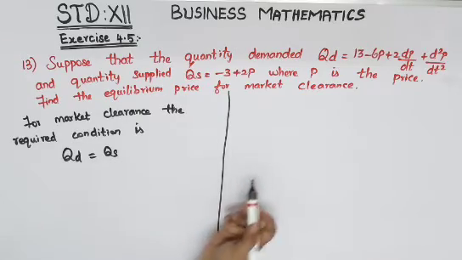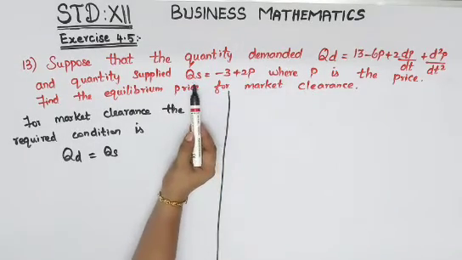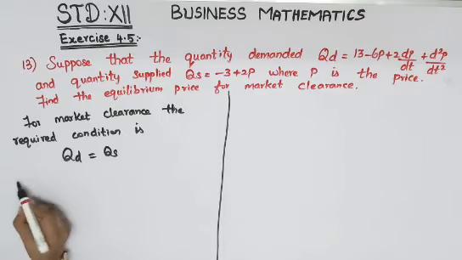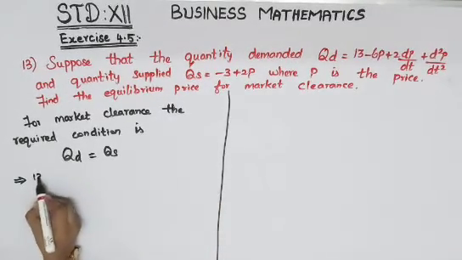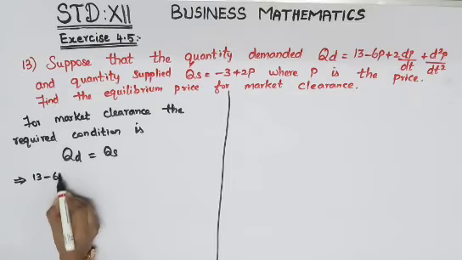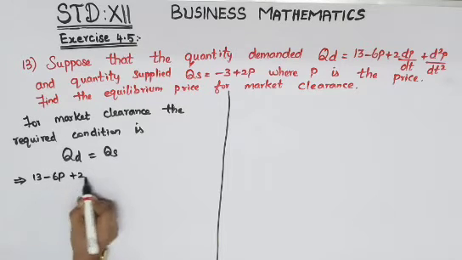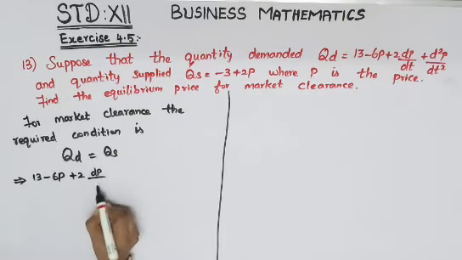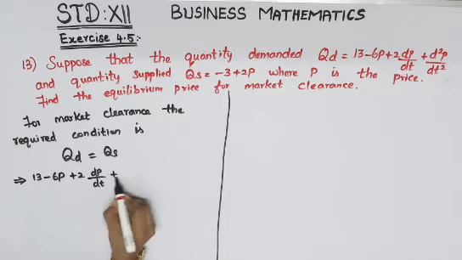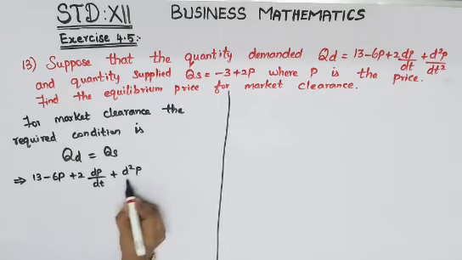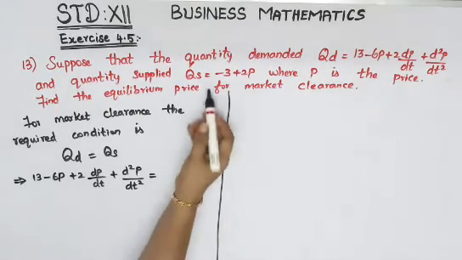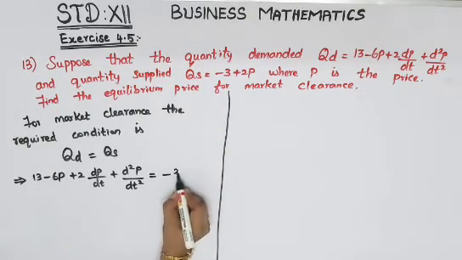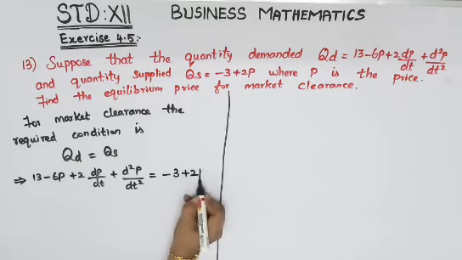Because of that only they have given QD and QS here in your question. Okay, so now we can just straight away substitute those values here. 13 minus 6p plus 2 dp by dt plus d square p divided by dt square is equal to QS, as they have given it here. So it is minus 3 plus 2p.